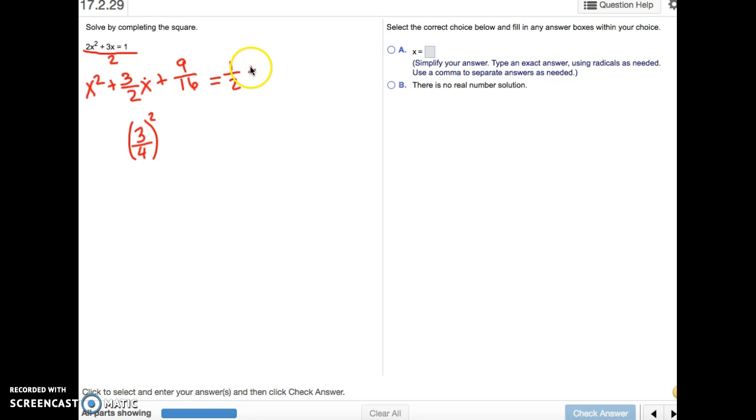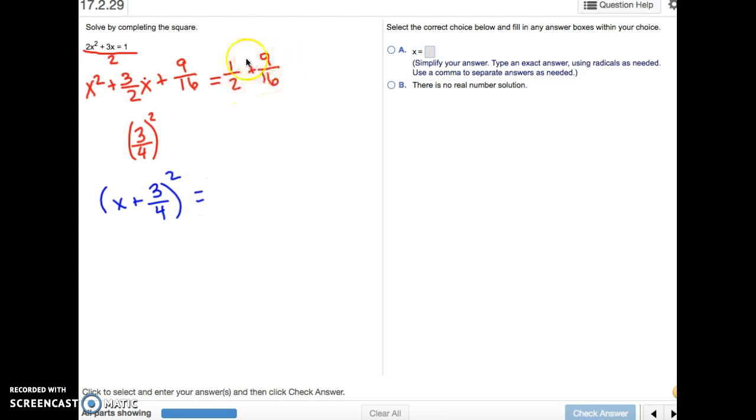So on the other side, I need to add 9/16. So I'm going to work with the left and rewrite it as a perfect square, which is x plus 3/4. Because again, square root, sign from the middle, square root of this, which I had right here, which is 3/4.